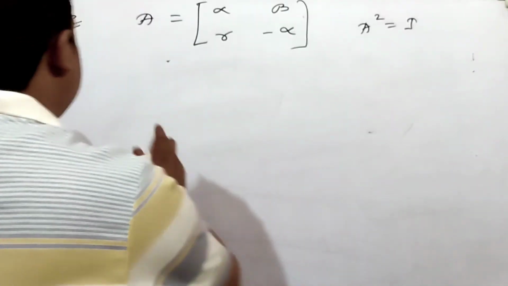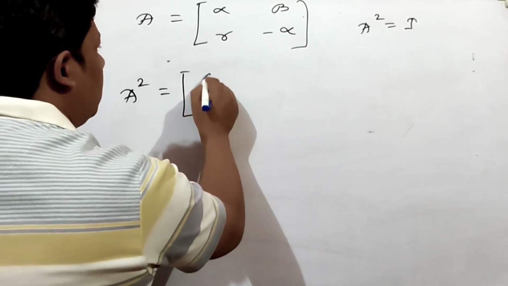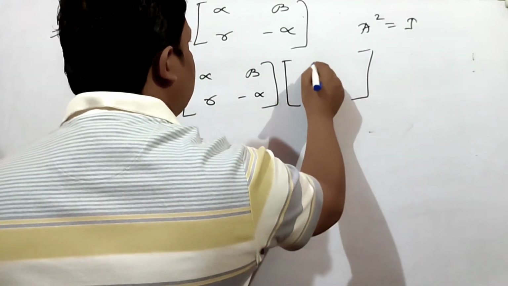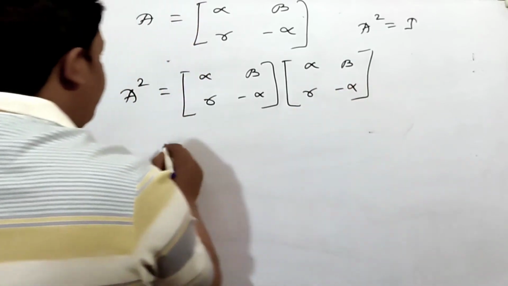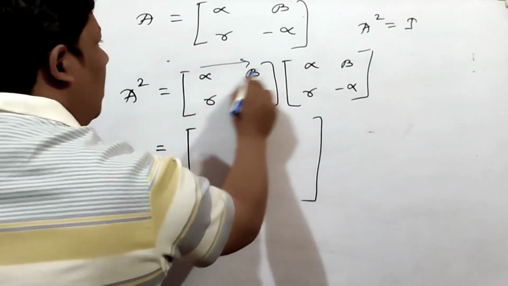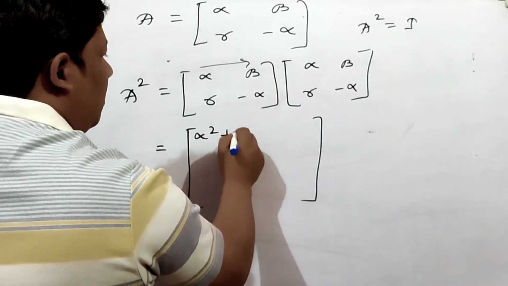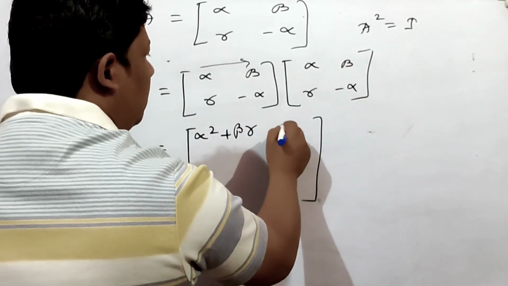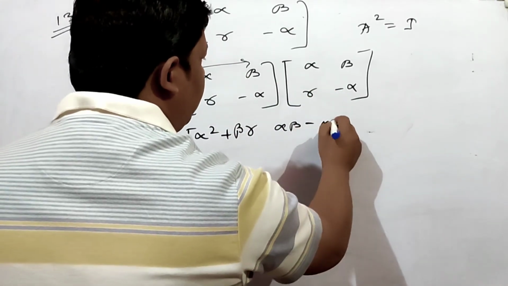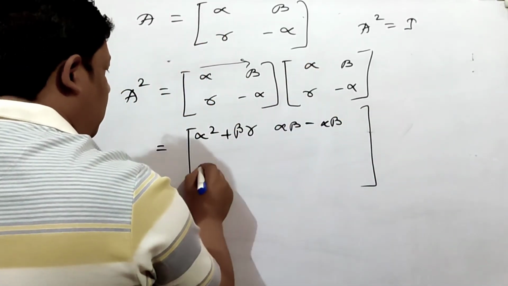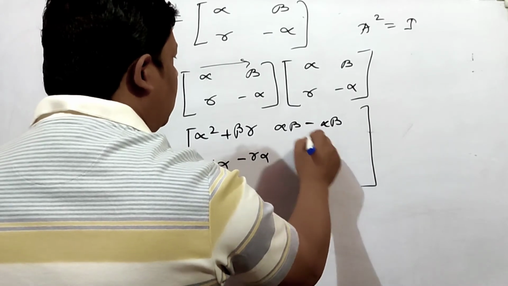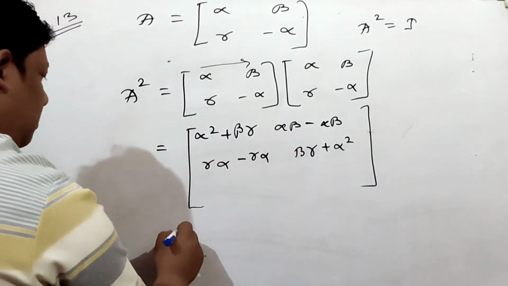Since A square equals I, first you have to find A square, which is the matrix alpha, beta, gamma, minus alpha multiplied by itself. I multiply row by column: alpha times alpha is alpha square, plus beta gamma; alpha beta minus alpha beta; gamma alpha minus gamma alpha; and beta gamma plus alpha square. That is your answer.